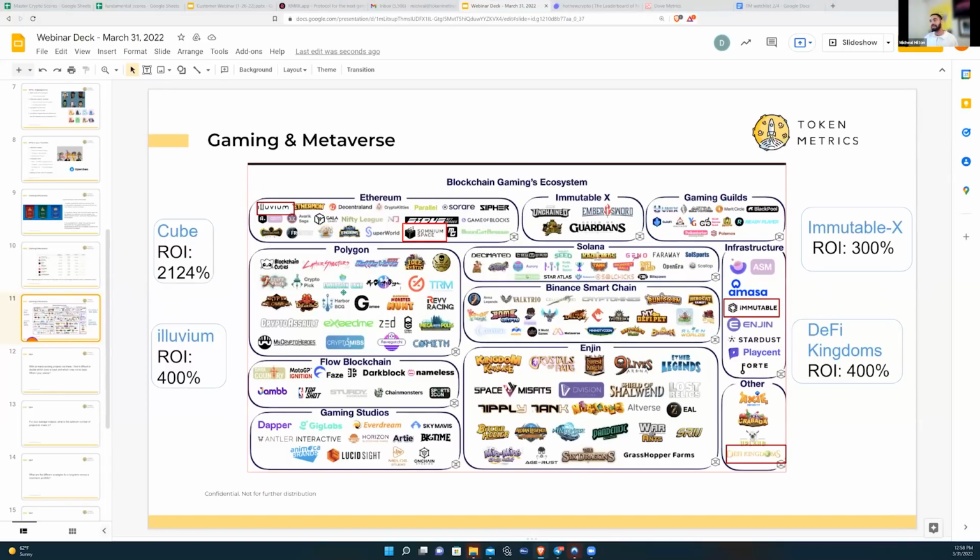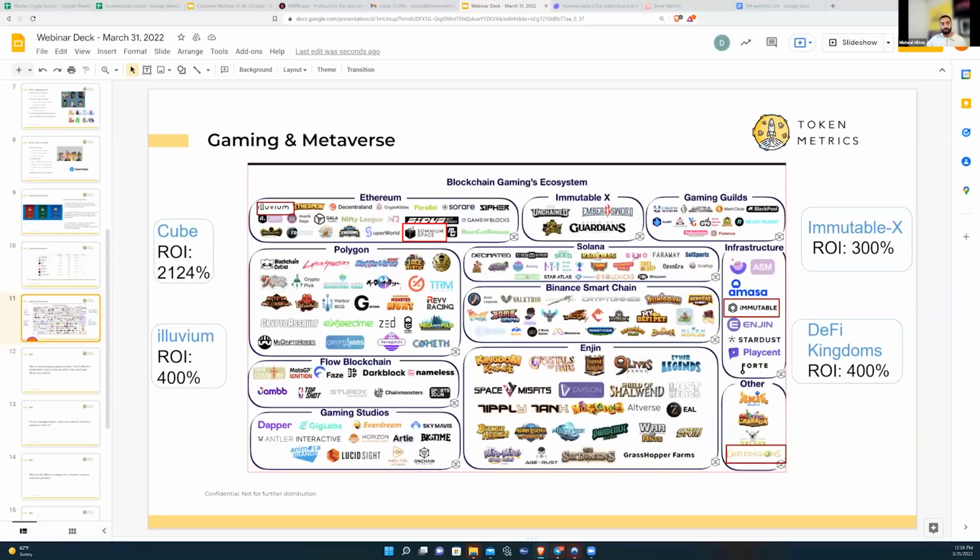There's Ethereum-based gaming, and a lot of infrastructure level projects that are creating these games, but some notable picks we found are Immutable X, DeFi Kingdoms, Synomium Space Cubes. These are all play-to-earn projects or infrastructure level projects that have provided our customers more than 600% ROI.